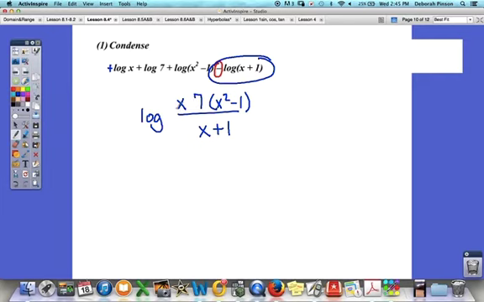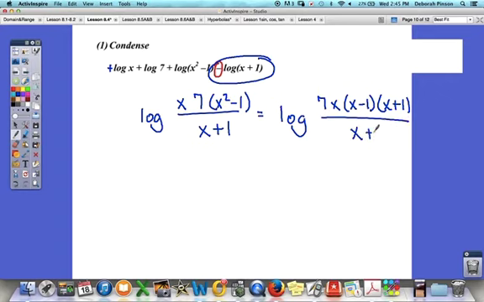Now, this is great, but I'm pretty sure I can do better. So I'm going to simplify a little bit. First of all, I don't really like it written as x times 7. Who writes it like that? Only people who aren't as mathematically inclined as us. So I'm going to rewrite it as 7x. And then I'm going to go ahead and factor that.